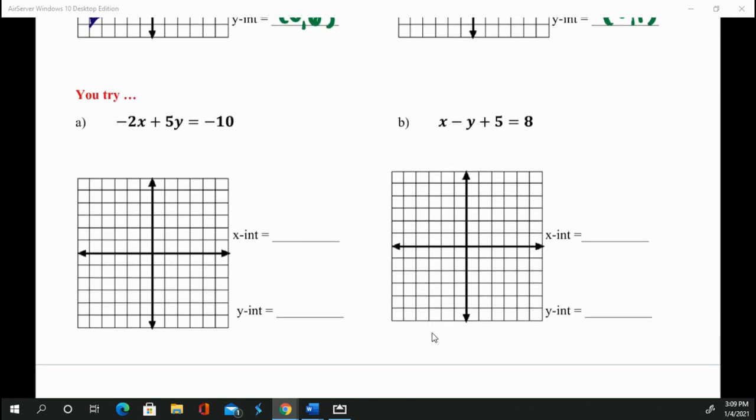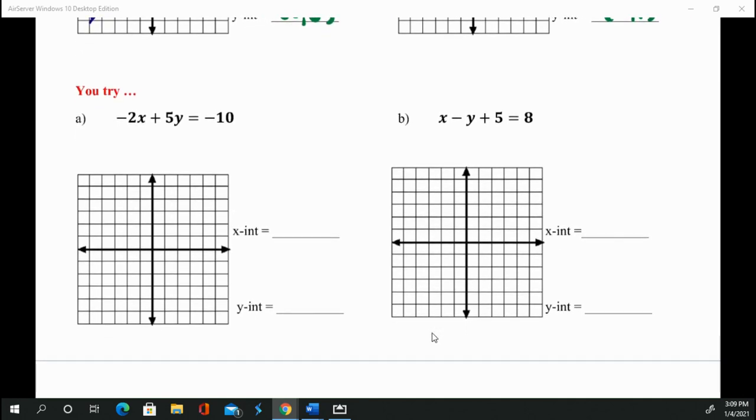These 2 were the examples that you worked on in class before our Jamboard. So I'll quickly just go over the x and y intercepts for these 2, and then we'll be done with the notes for 3-4. So first find the x-intercept, substitute y equals 0, solve for x.